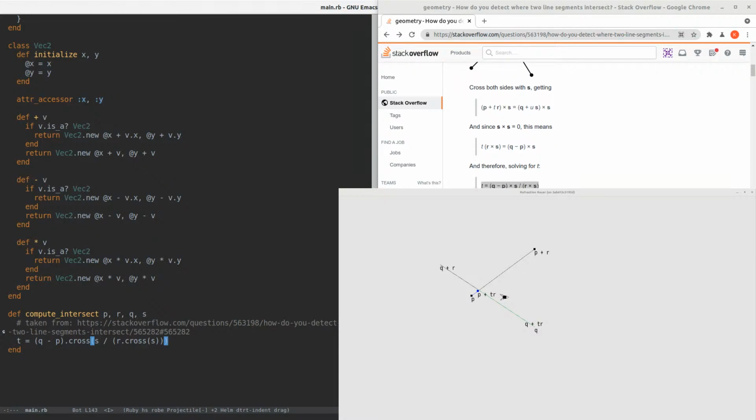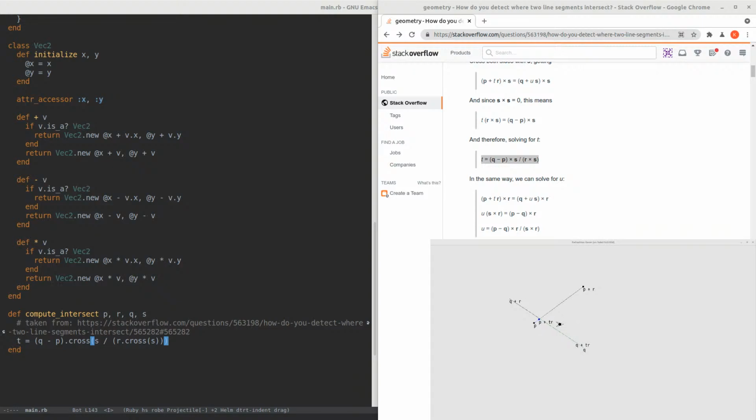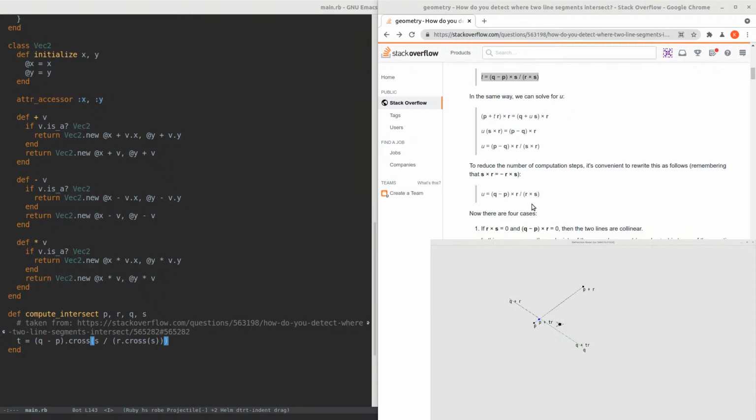It's a little bit counterintuitive at first, but as you work with it, it starts to make more sense. Great, yeah. So that's the goal here. So now all we're doing is just solving for the t and the u, right? And so that's what these little pieces do.